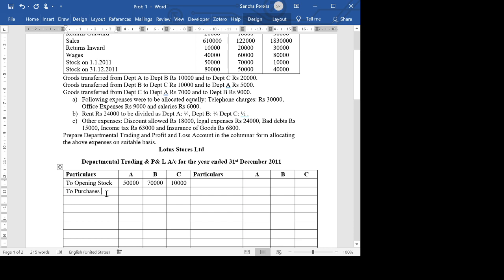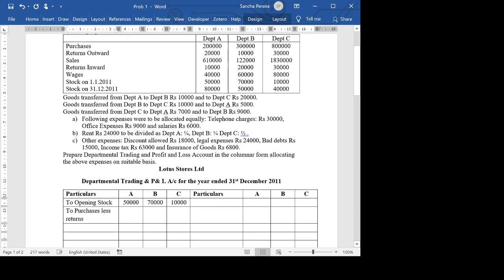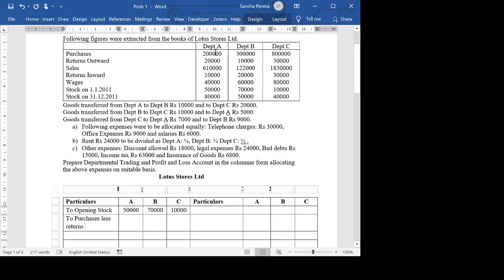But it becomes a little difficult to show purchases, then less returns, and then have another figure of the difference. So what I'm going to show is purchases less returns, we call it this way.